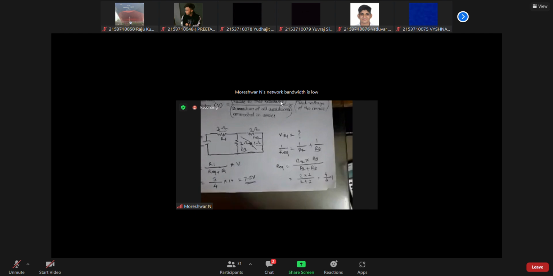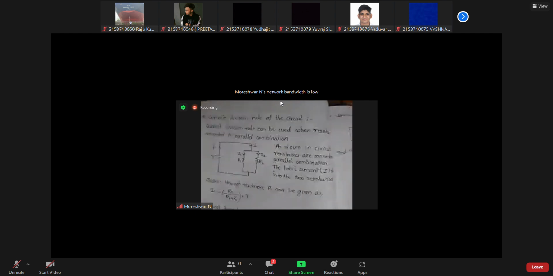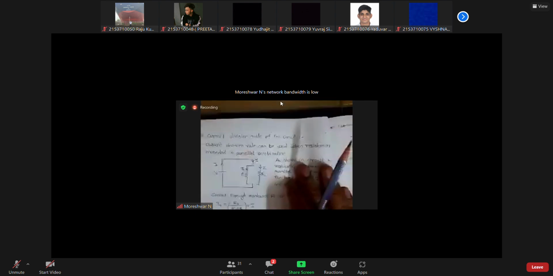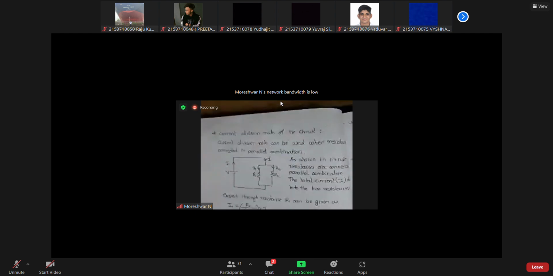Now we want to see actually the current division rule again. So I want to share the next page. So this is current division rule.